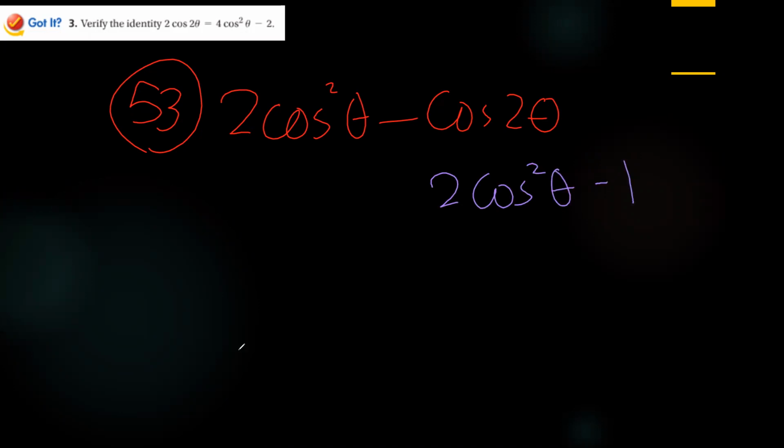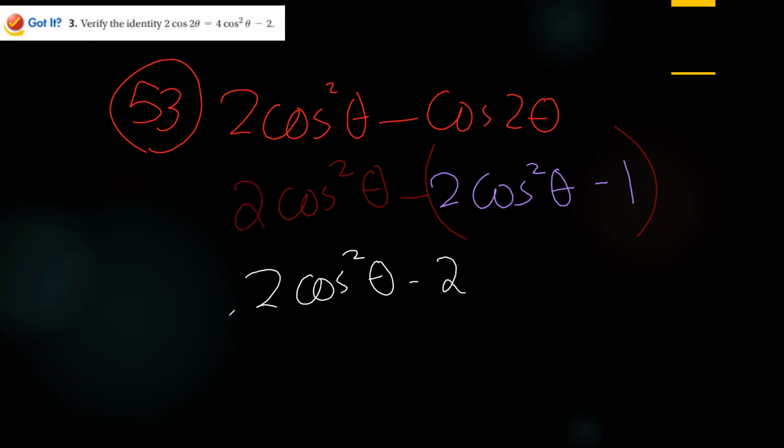And then replace it, so it will be 2 cosine squared of theta minus 2 cosine squared of theta plus 1. We cancel them, so you will get 1.